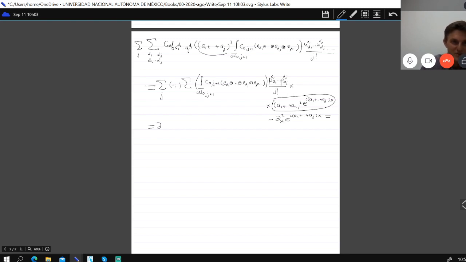So then you get what? You apply dx squared to the sum over rho j. Or maybe I should just copy this. It would be better.